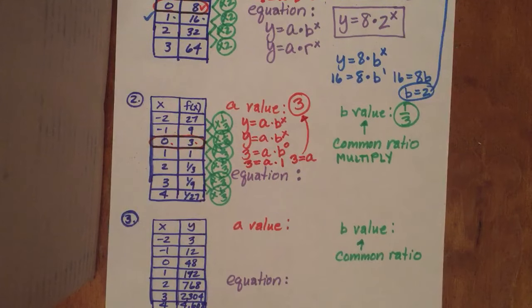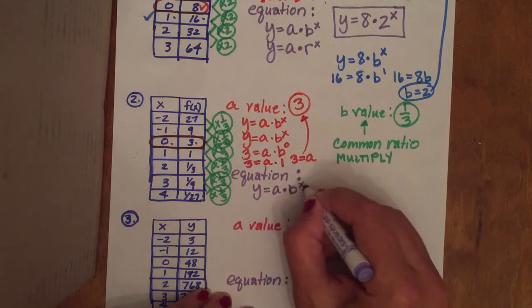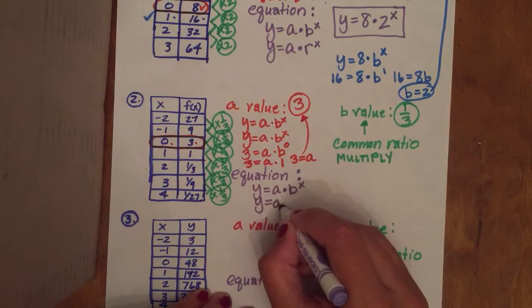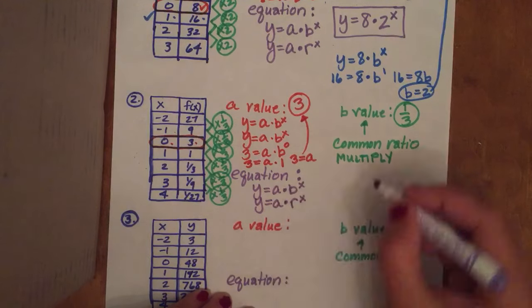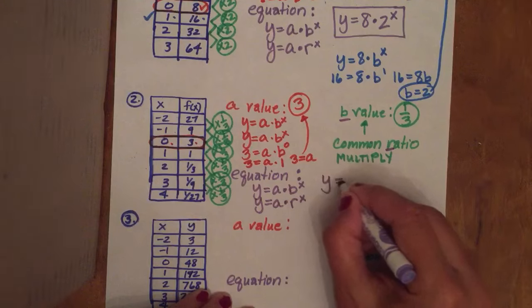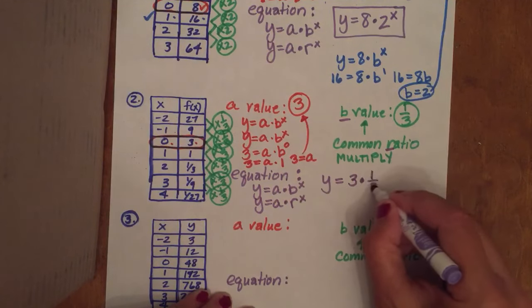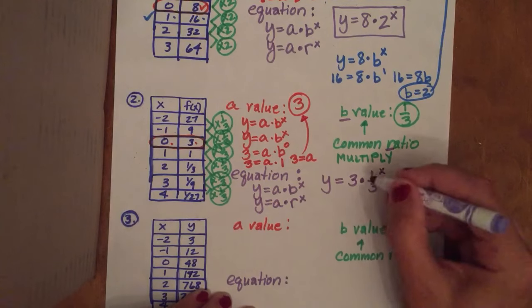Now, we're just doing simple exponential functions. I've got my a value, I've got my b value. I can now write the equation. The equation is y equals a times b to the x, or as you'll see it sometimes, a times r to the x, and remember r stands for ratio. So my a value is 3, and my b value is 1/3, and that's to the x power.